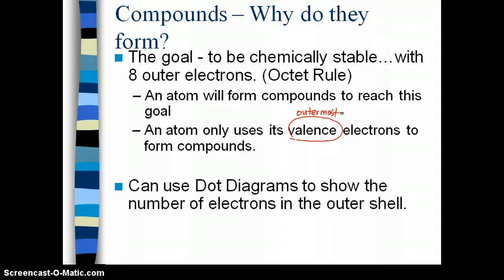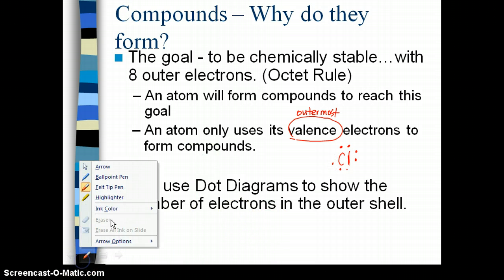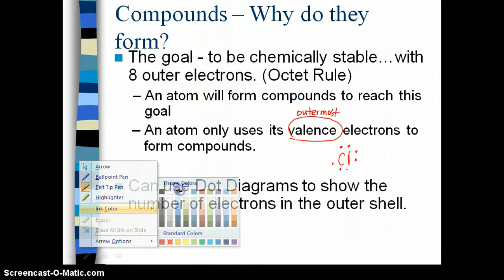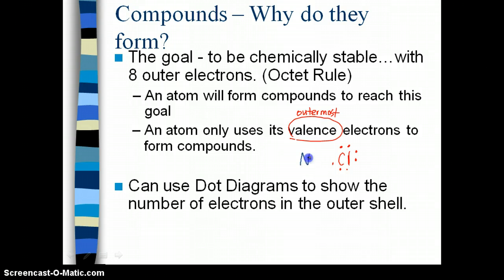So an example of a dot diagram, for instance, chlorine has 7 outer electrons. Sodium has 1 outer electron. And so sodium will want to give away this 1 and give it to chlorine to fill that empty spot. And when it does, they both will be happy, and that produces table salt.